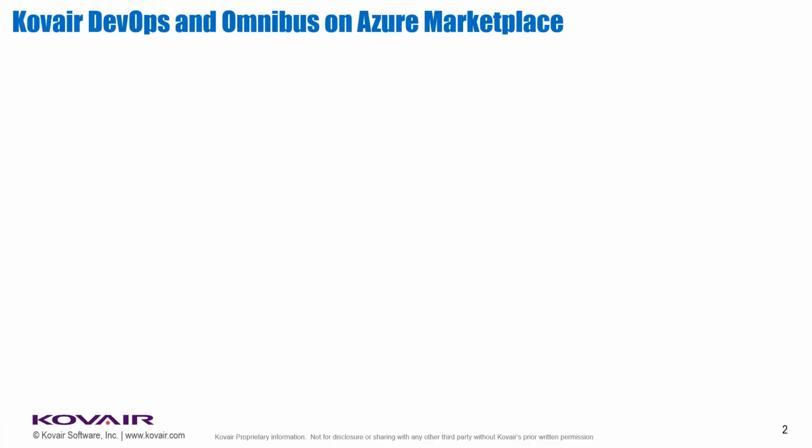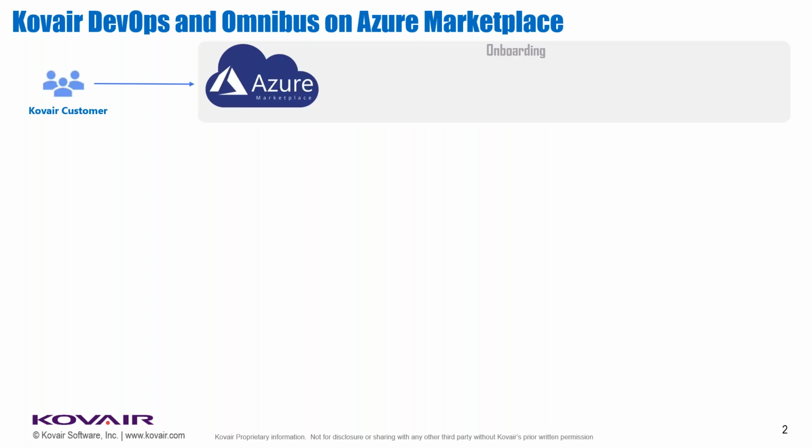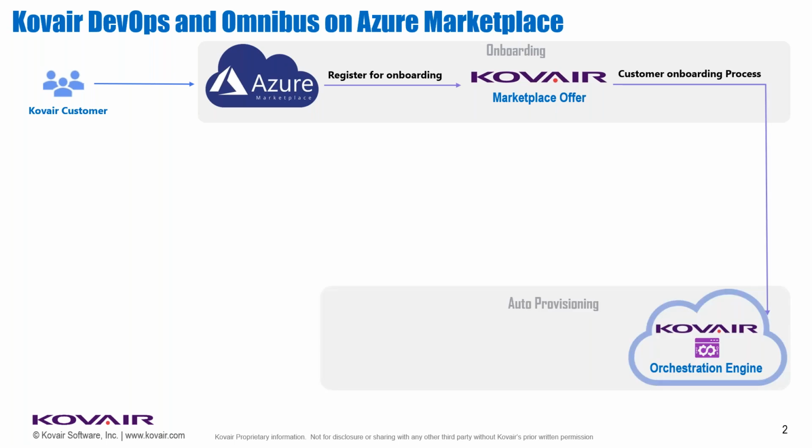Let me walk you through the path for listing Kovair products in Azure Marketplace where a customer wants to buy Kovair DevOps from Azure Marketplace. An automated onboarding process starts when a customer decides to buy the product after checking the Kovair Marketplace offer.